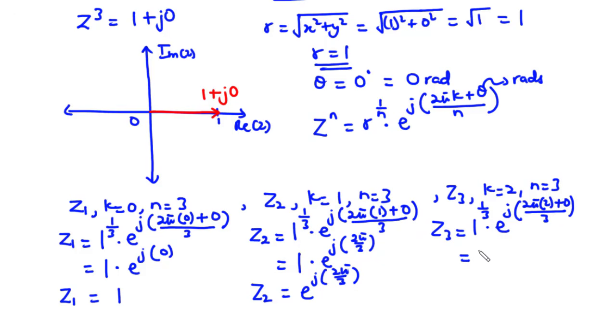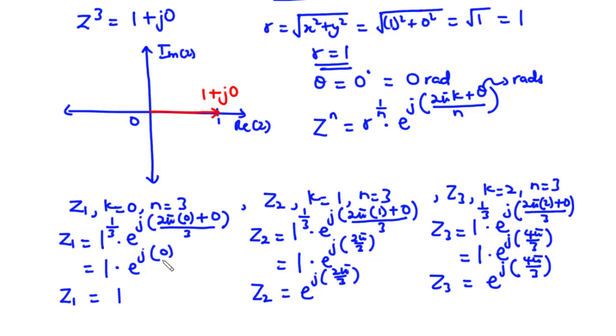Let's simplify. 1 exponent 1 over 3 is still 1 times e exponent j into bracket 2 pi times 2 is 4 pi divided by 3, we have 4 pi on 3. So finally we have the value of z3 to be e exponent j times 4 pi on 3.